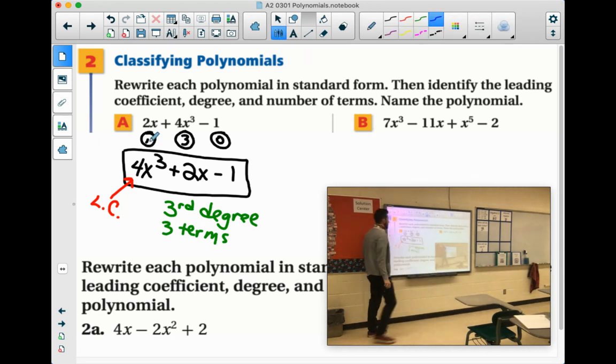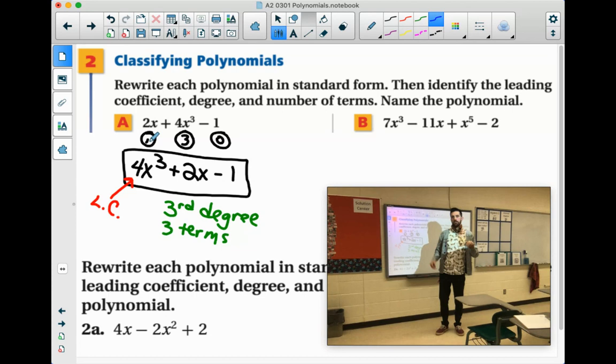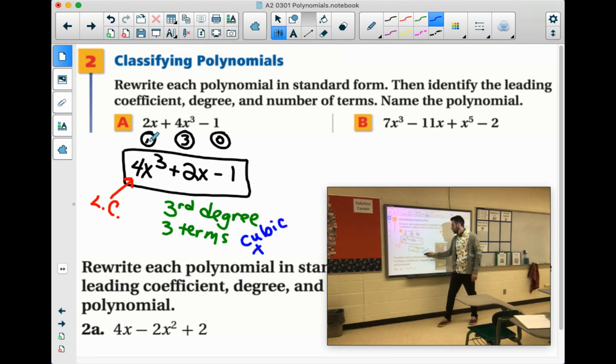And then we have to name that polynomial. Now, if it is the third degree, remember that's called cubic. And if there are 3 terms, that's a trinomial, right? Tricycle, 3. Trinomial. So we'll say cubic trinomial.